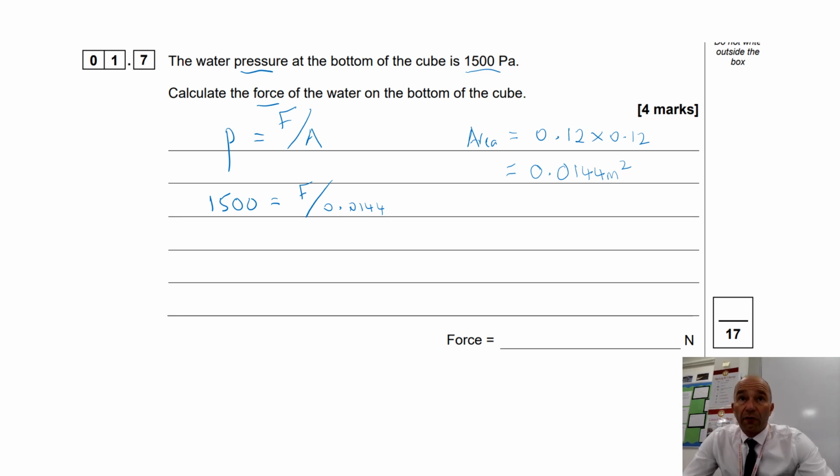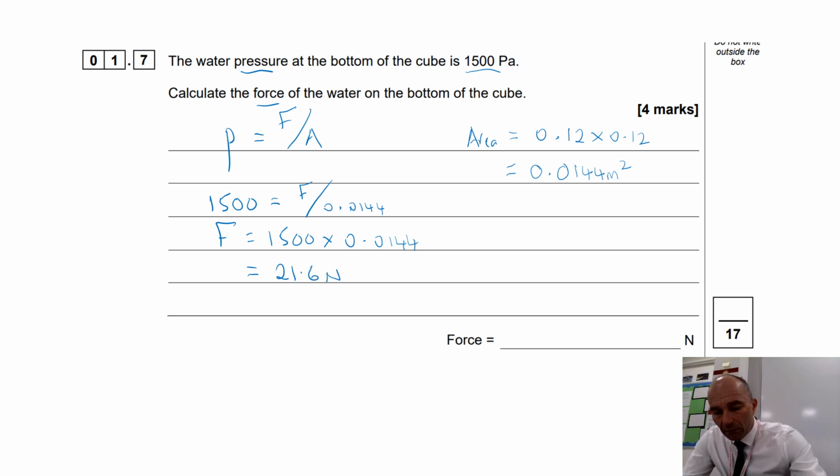We need to make force the subject of this equation. So we have F equals, well, we need to multiply both sides by 0.0144 to get it off the bottom. So we have 1500 multiplied by 0.0144, and that comes up with an answer of 21.6 newtons. Now, if you wrote 21.6 newtons in there, you'd get the mark.